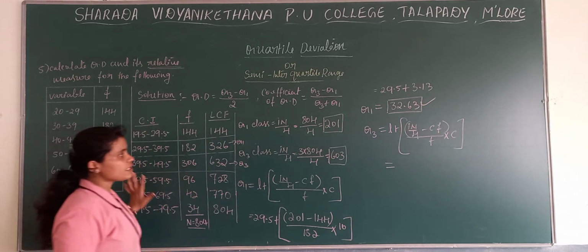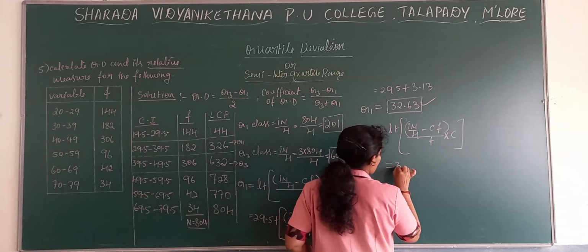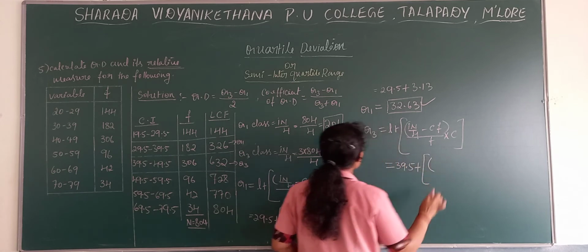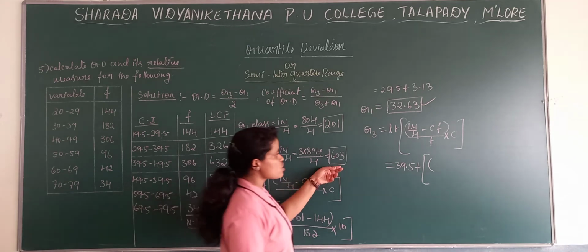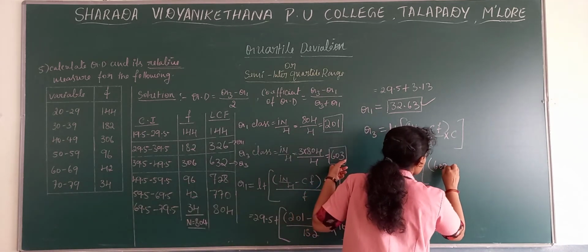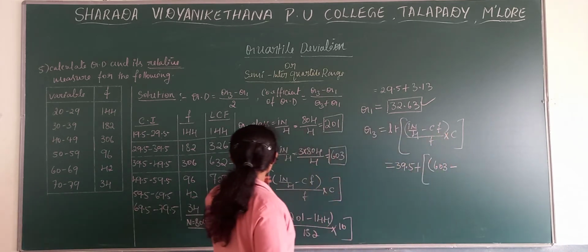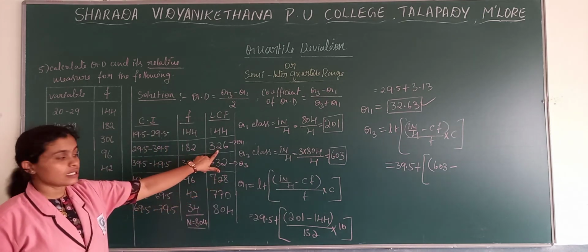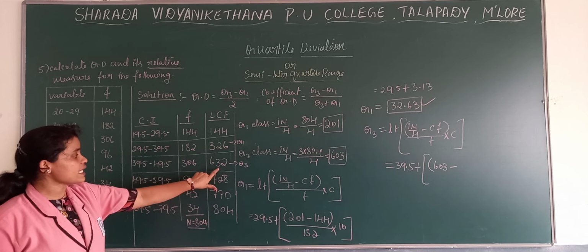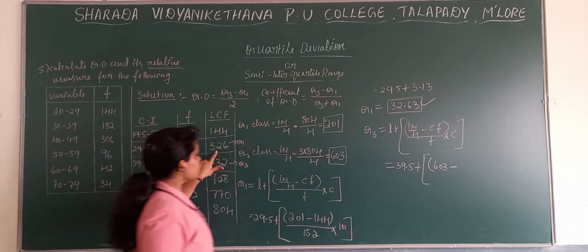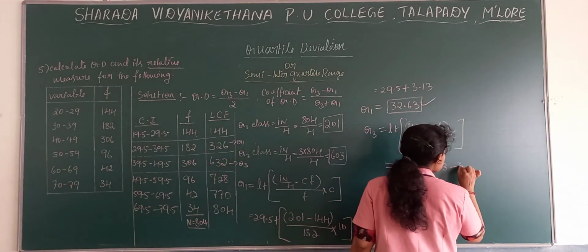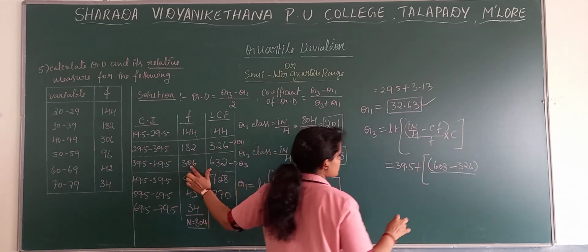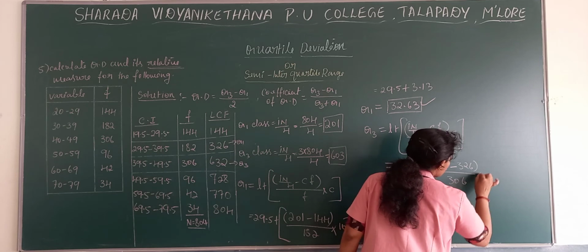Lower limit is 39.5 plus n by 4 we got as 603 minus CF, the cumulative frequency preceding the Q3 class, that is 326, divided by frequency of the class, that is 306, into 10.